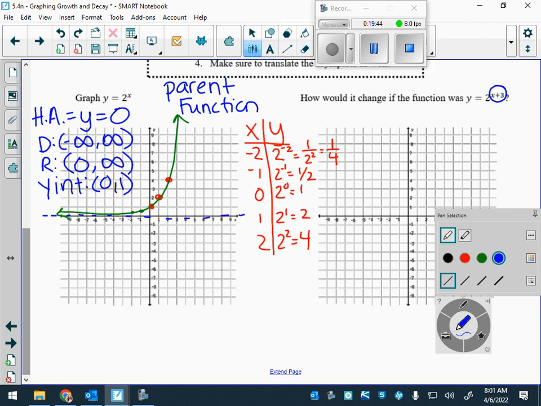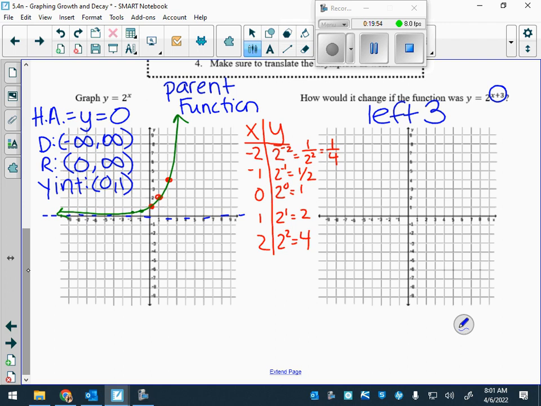So we're taking these original values and moving to the left 3. But out of these values, what changes? X or Y? The X changes. So our Y values will be exactly the same.